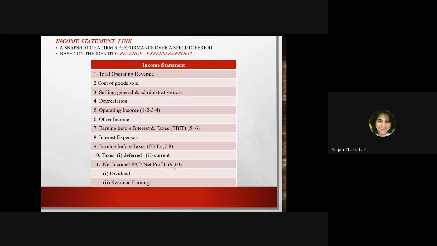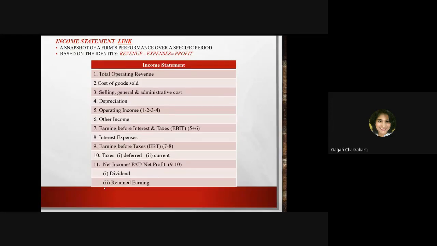So this net profit is the earning before taxes minus all kinds of taxes that the firm has paid. So it is basically 9 minus 10 in this table. This net profit is very important for the firm. This is the amount which is actually available to the firms for paying the dividend, or it will be retained as a fund which will be used for further investment opportunity.